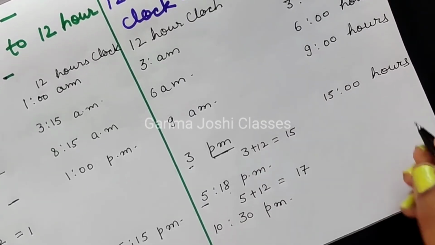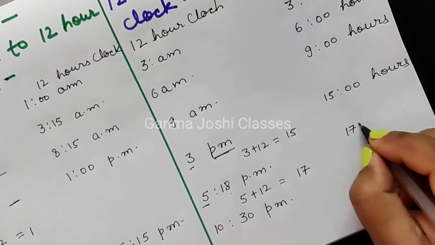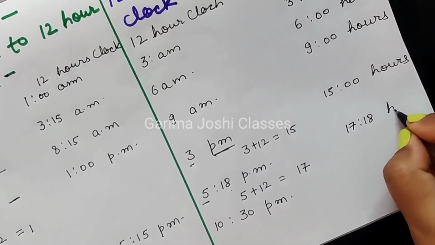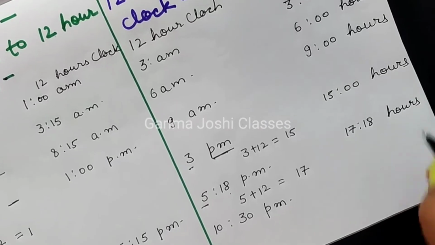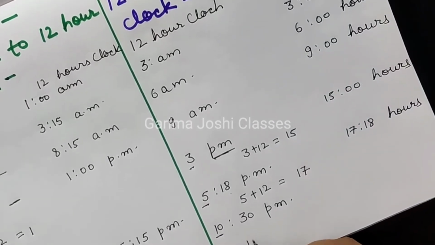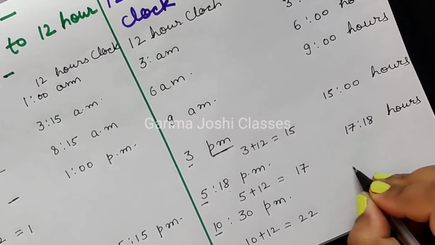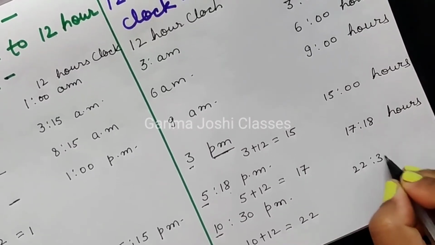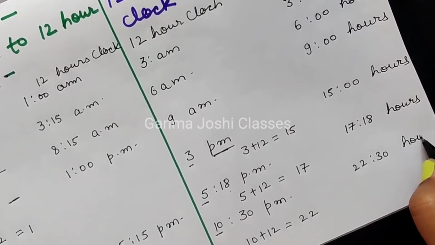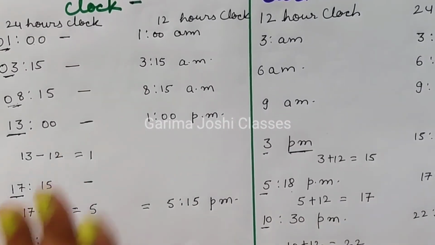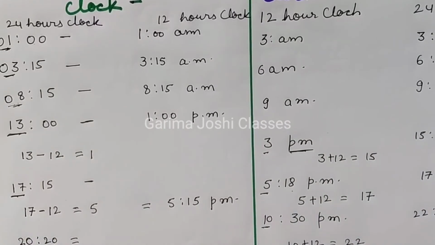It is coming 17. The time will be 18 hours. Here also we'll add 10 plus 12, it will become 22. So it is 22 hours. I hope you understand both the concepts.